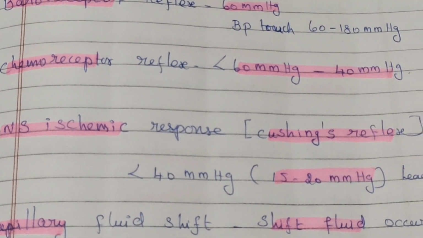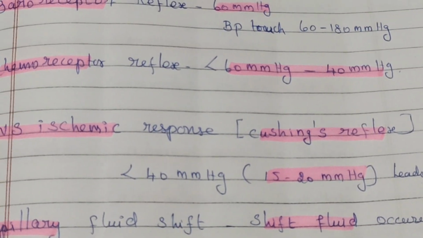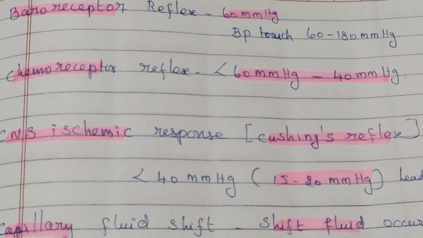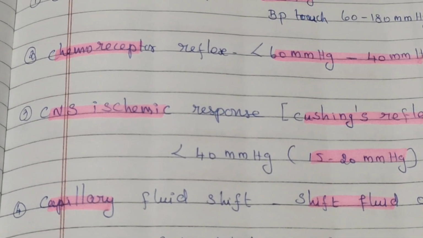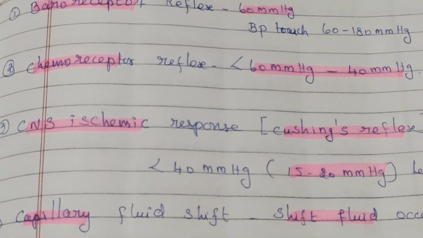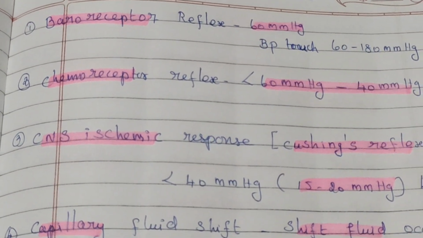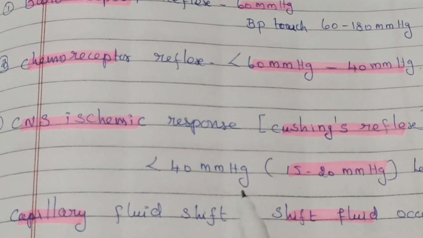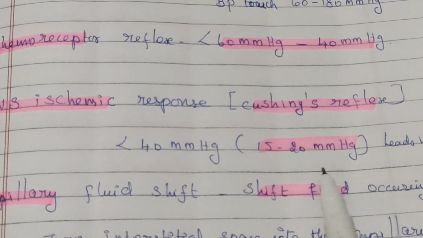Chemoreceptors try to increase blood pressure by stimulating the sympathetic nervous system, as well as stimulating respiration, leading to an increased rate of respiration. Third, the most powerful reflex, operates when blood pressure falls below 40 mm mercury, at 15 to 20 mm mercury.